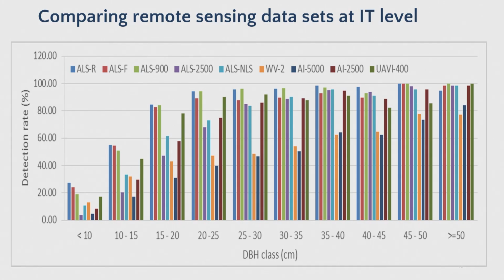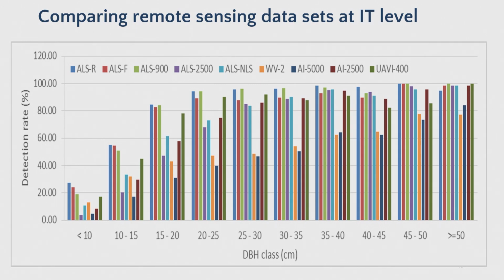This is an old comparison we did 12 years ago, and we compared space-borne data, so there is WorldView-2, then there are aerial images, AI, and then there are ALS techniques, so that we try to find how much you get the trees detected using these techniques. You see that diameter at breast height is there on the bottom.